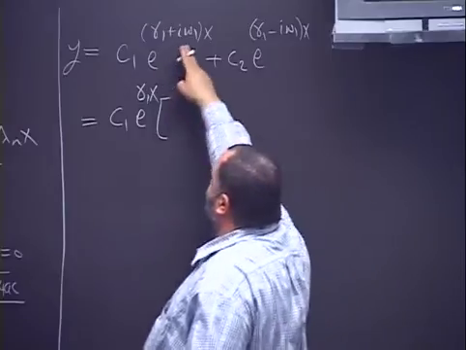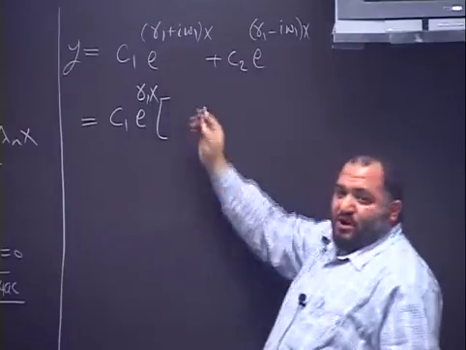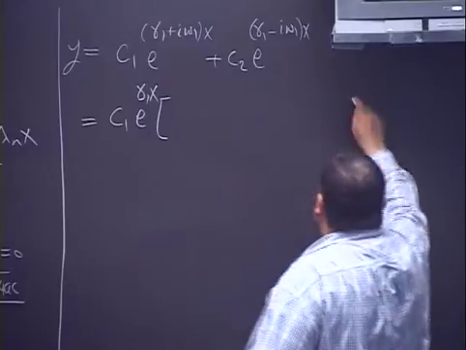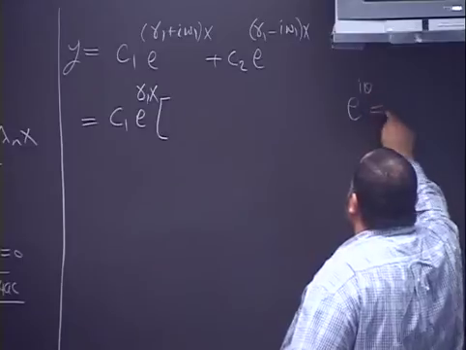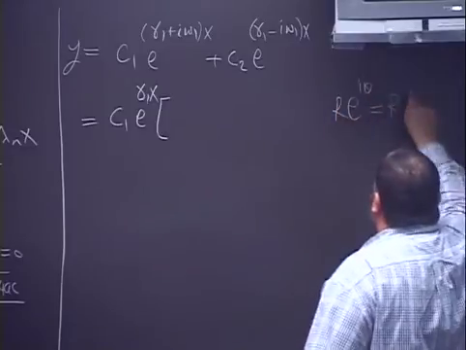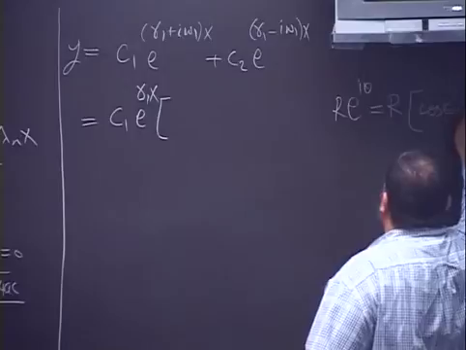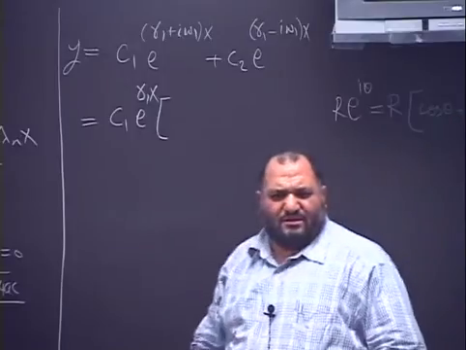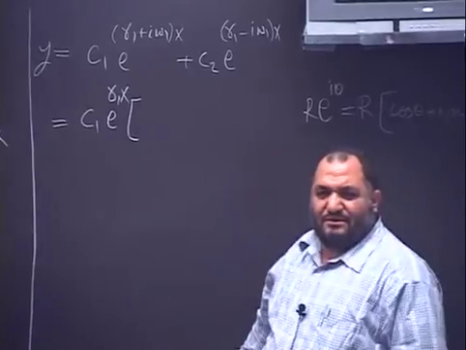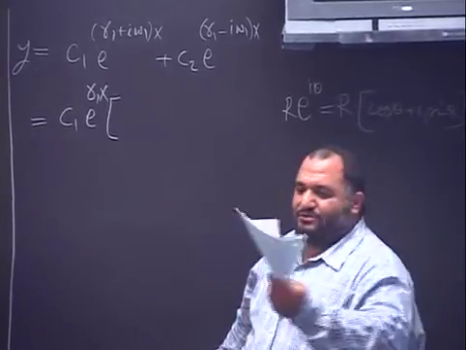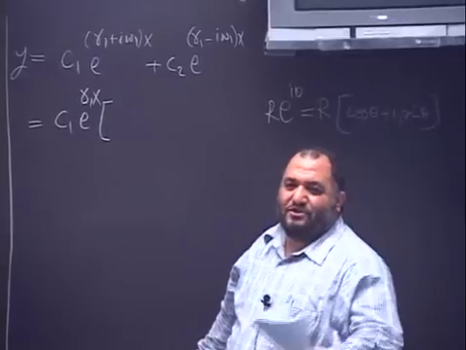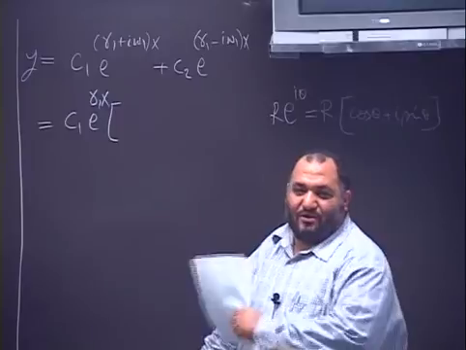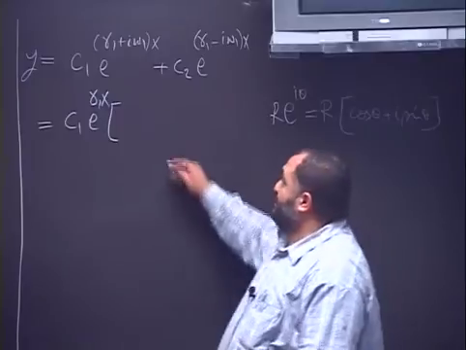In order to handle this complex number we use the Euler, or Moivre, formula: e to the power of i theta equals cosine theta plus i sine theta. Sometimes they call it Euler, or Moivre, who was a French mathematician.